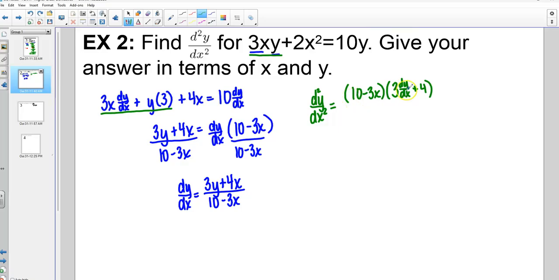So that's low, d high, minus high, so 3y plus 4x, d low, which is just -3, all over low square.